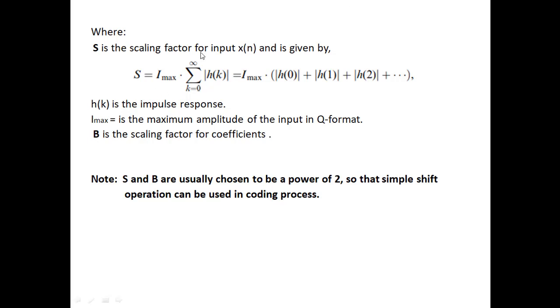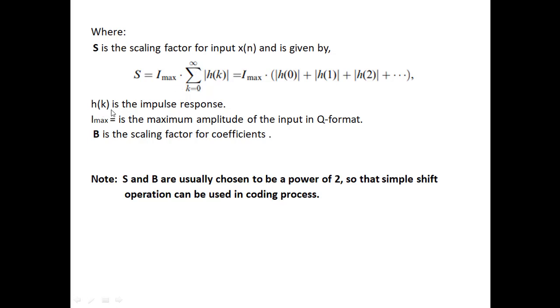This is to scale down the input signal x of n. If I expand this equation, I get I max into, when k equals 0, magnitude of h of 0, plus when k is equal to 1, magnitude of h of 1, plus so on, up to k going to infinity.